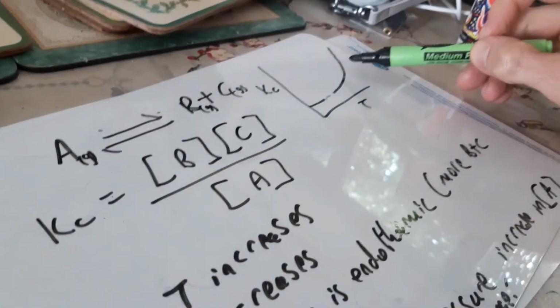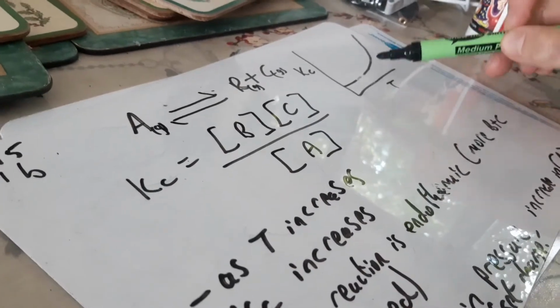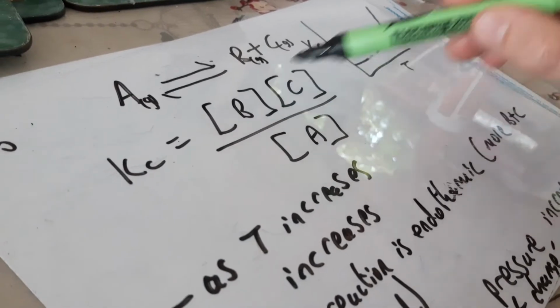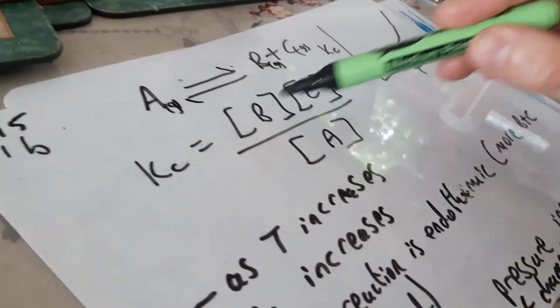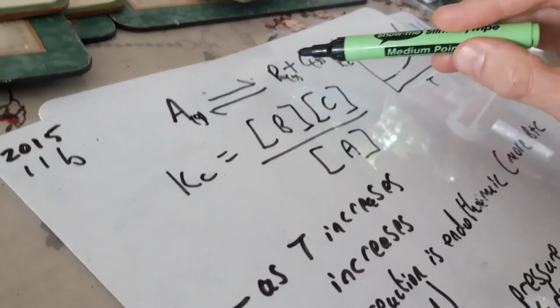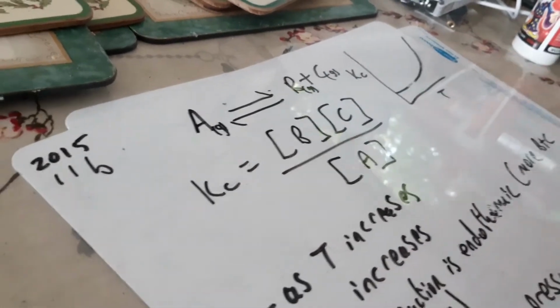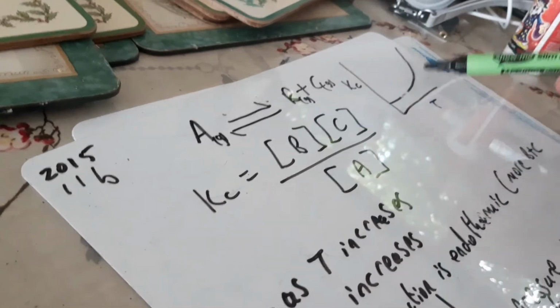Right. So what happens? As the temperature increases, Kc increases. Okay, so what do we know? If Kc increases as temperature increases, that means we're producing more B and C. Isn't that right? So if we're producing more B and C, that means that the reaction must be offsetting that change in temperature.